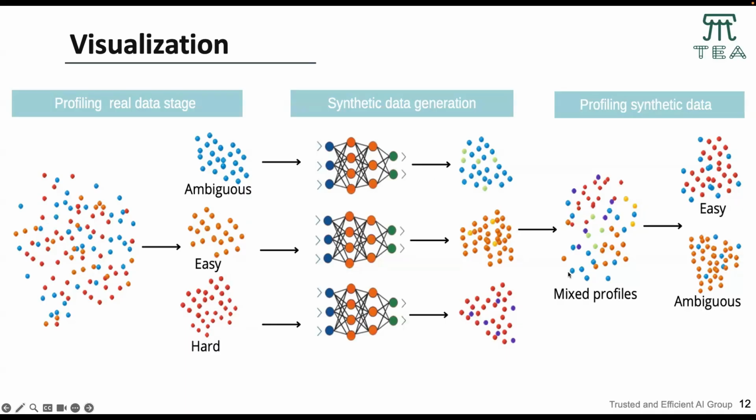So these are from real data, and these are from the synthetic data the generative model just generated. They also mix these synthetic data, and they do it again and again, maybe quite a few iterations to repeat this procedure.